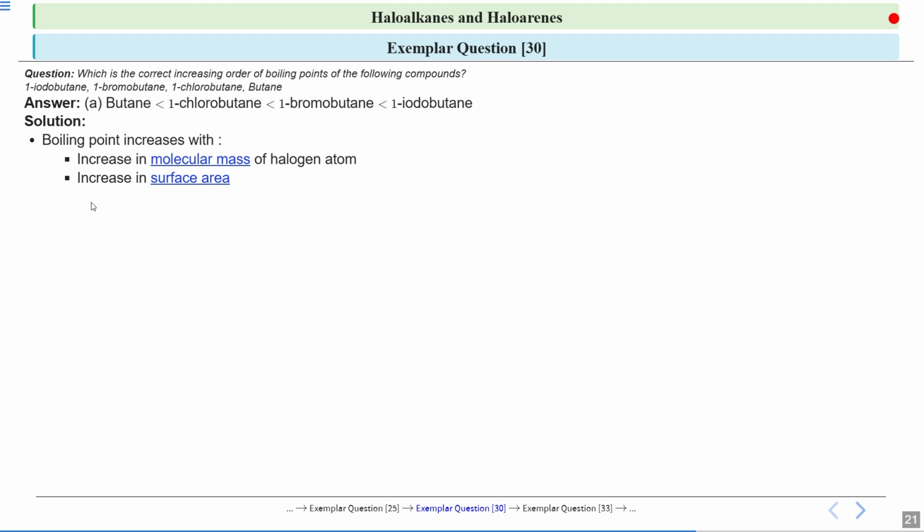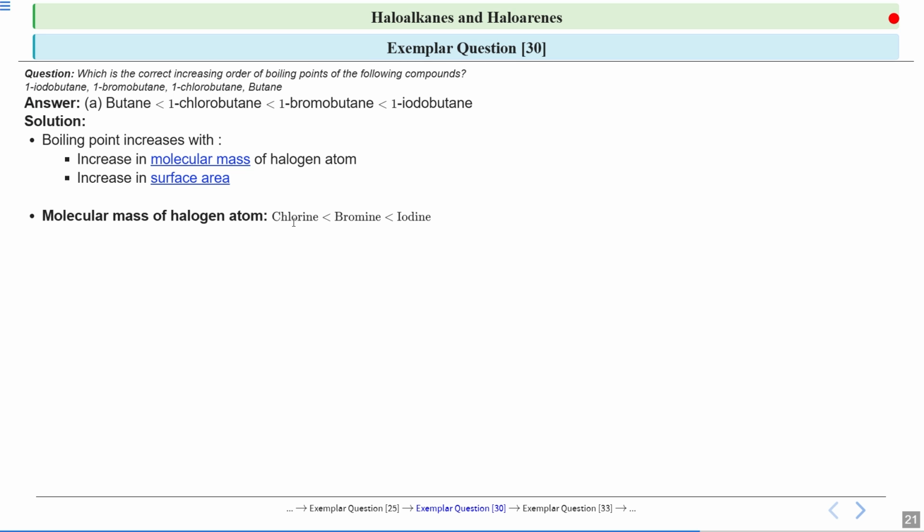The boiling point is also affected by surface area. The boiling point increases with the increase in the surface area of the molecule. If you see the atomic mass of the halogen atoms, iodine has the highest atomic mass, then bromine, and chlorine has the least.